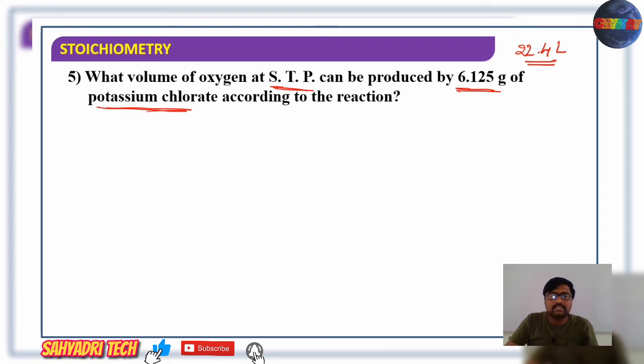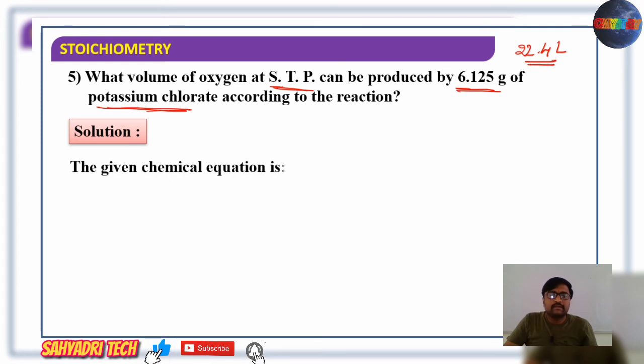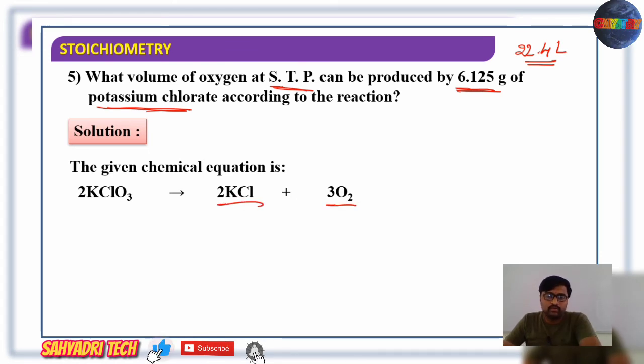So what is the reaction here? Decomposition of potassium chlorate they are specifying. The given chemical equation is 2 KClO3 gives rise to 2 KCl plus 3 O2. So 2 moles of KClO3, on thermal decomposition, gives 2 moles of KCl and 3 moles of oxygen.